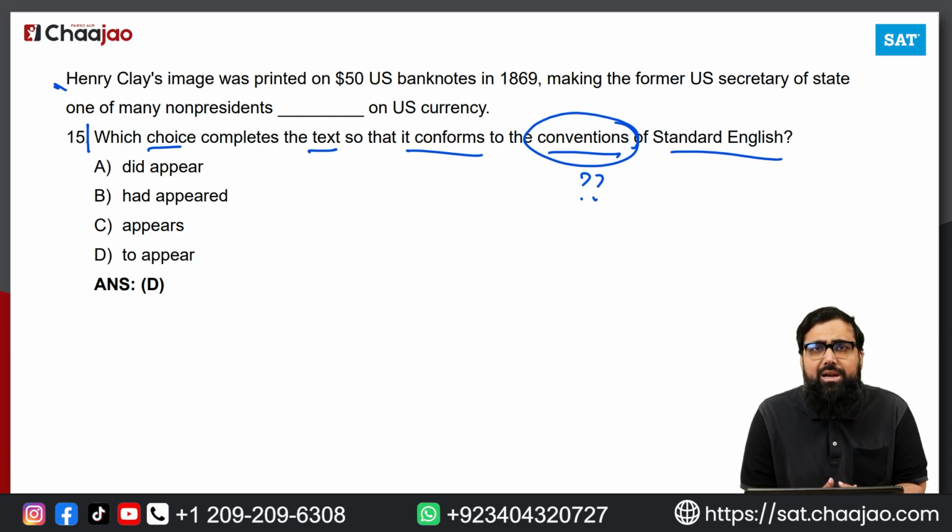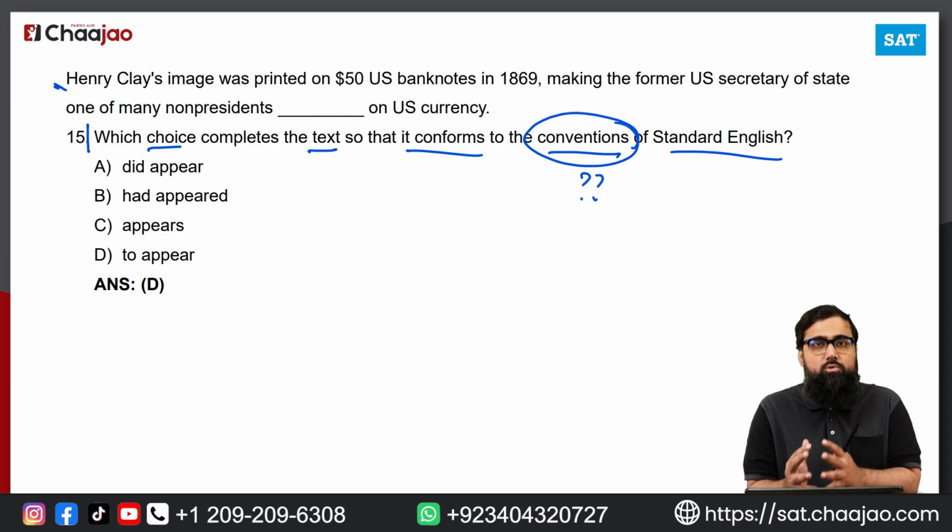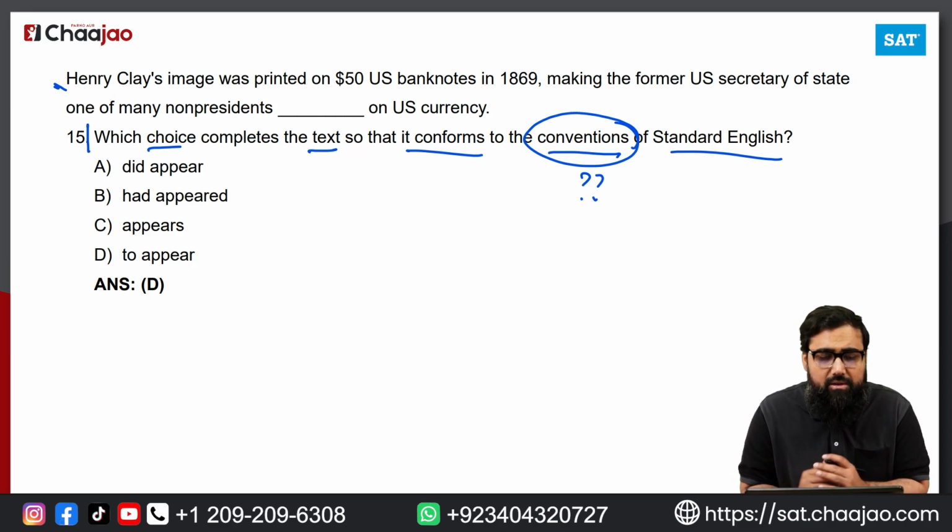Many of my students say, sir, we'll just go with whatever sounds right, whatever looks right. That is also something you can do, but the chances of error on that strategy are higher, and secondly, it may take more of your time. However, if you know the rule, if you know what has to go into a particular sentence, it will save your time and save you the hassle of getting into what feels right and looks right, which gets a little confusing as well, right?